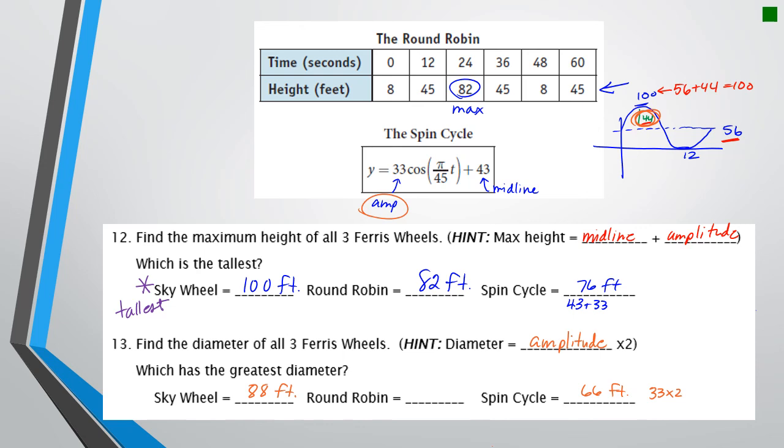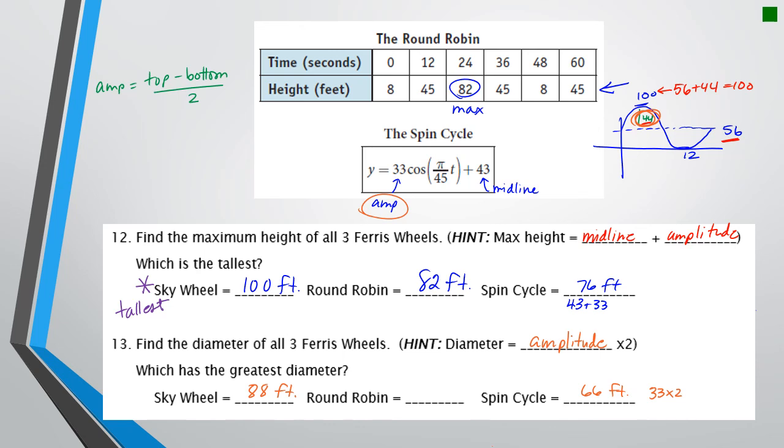Now for the round robin, we're going to use that same trick, but it's a little bit more work because we can't see what the amplitude is just by looking at it. So we're going to use that little formula that we used a few slides back to find the amplitude: the top value minus the bottom value, divided by 2.